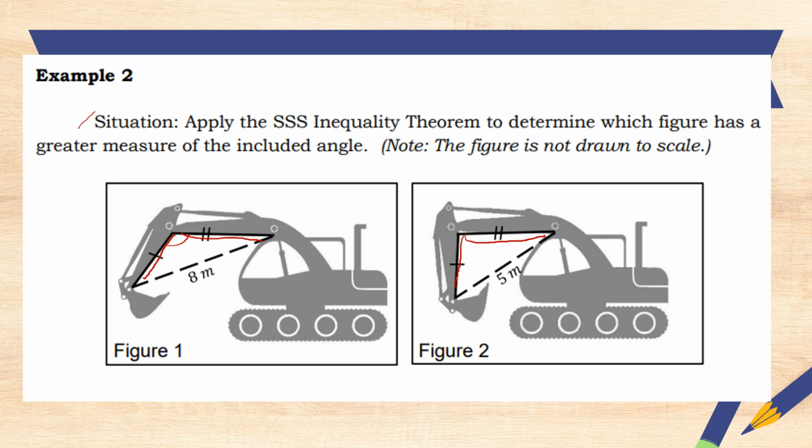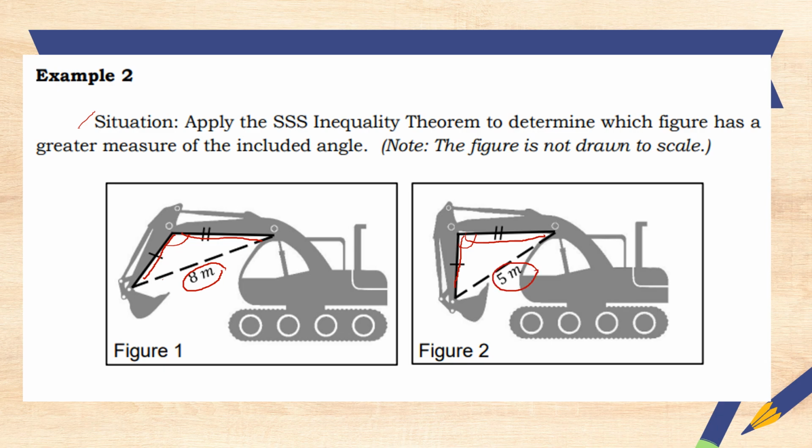Now, applying the converse of the Hinge theorem or SSS inequality theorem makes the angle opposite the 8-meter side length larger than the angle opposite the 5-meter side of a triangle. So look closely. This side is 8 cm and this side is 5 cm.